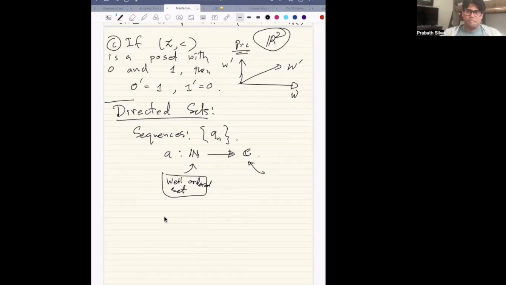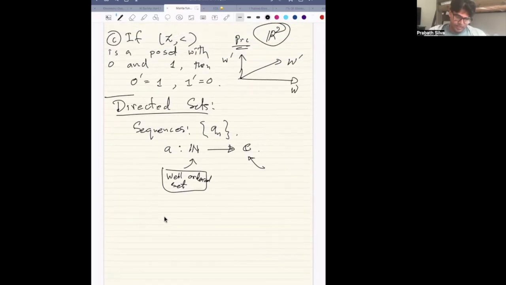And then the complex numbers have a notion of getting close. As it turns out, we don't need this set to be a well-ordered set to talk about limits.